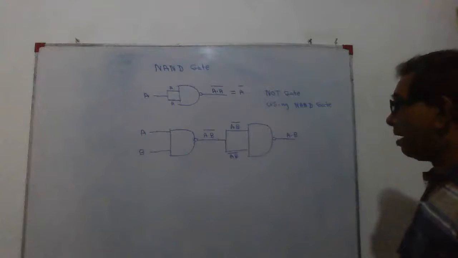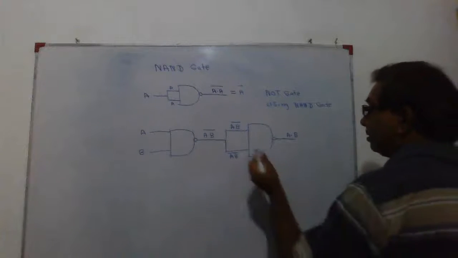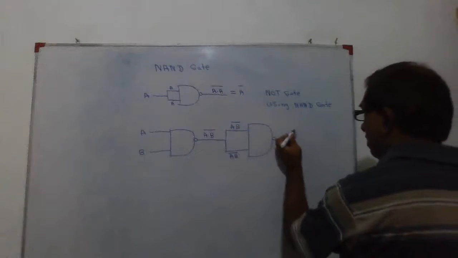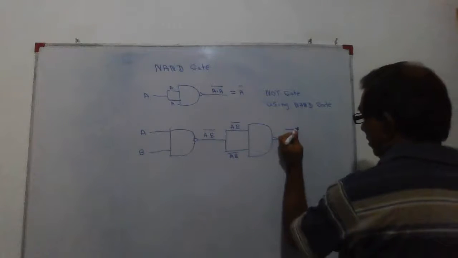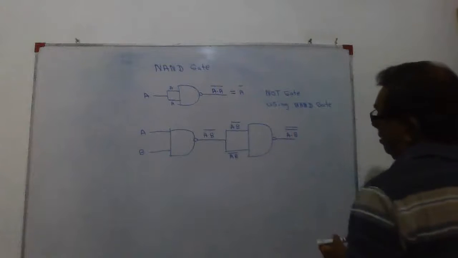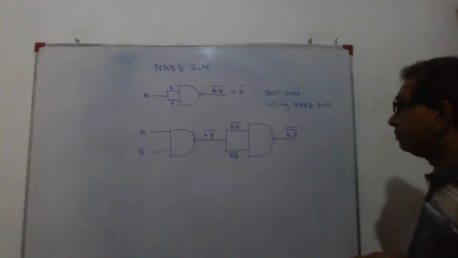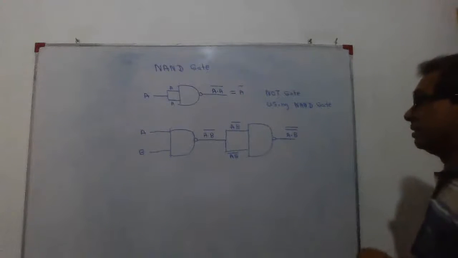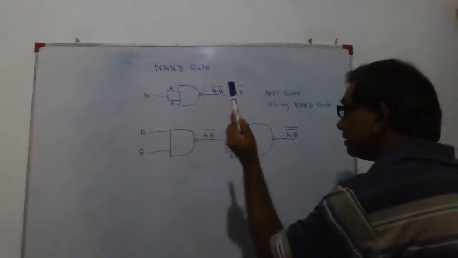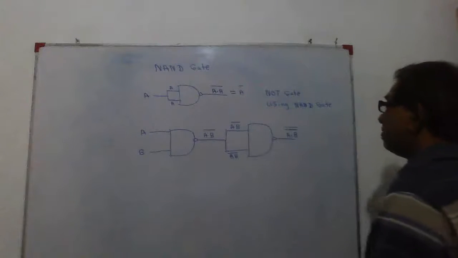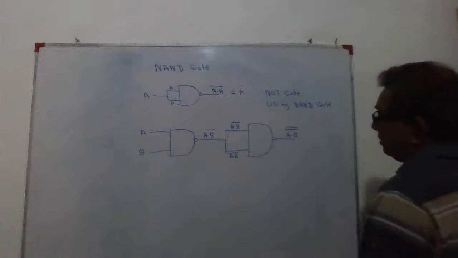It means A and B bar and the opposite of A and B bar. So opposite in the sense, see, if you have A and B bar here, what is the opposite? It should be A and B.